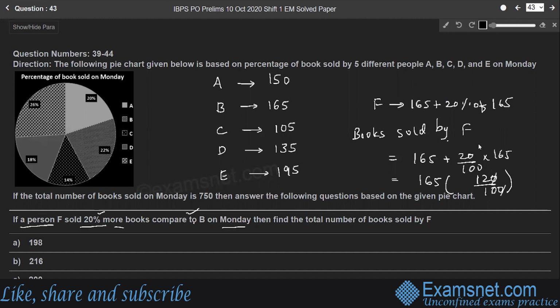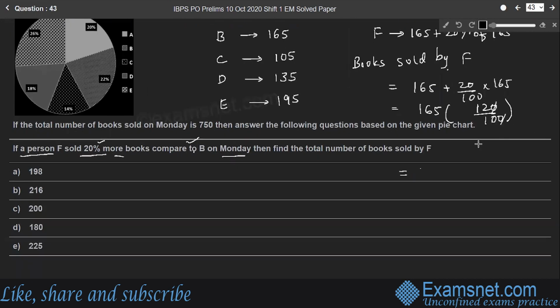Therefore, books sold by F is 165 into 12 by 10. Right? Which is equal to 5 into 33, so 33 into 6, which is 198. Therefore, 198 books were sold by F. Option A is the right answer.